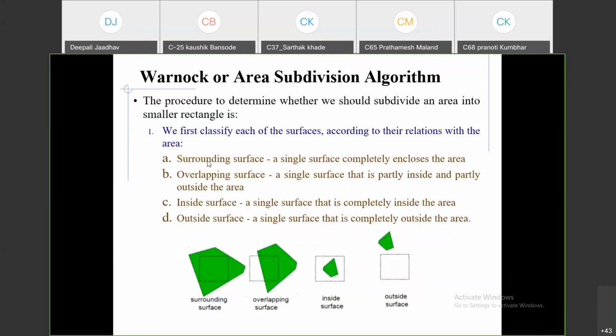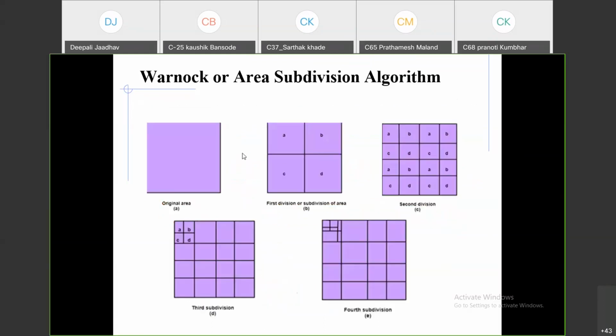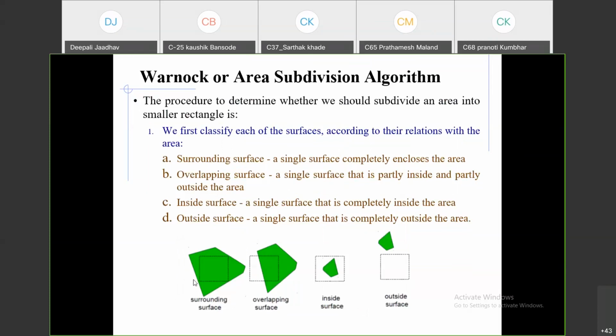For that, first we classify the area. We classify each surface according to its relation with the area. So this one is the area and these are the surfaces. There are 4 types of classification of a surface in relation to the area. As with the diagram, it is easy to understand.